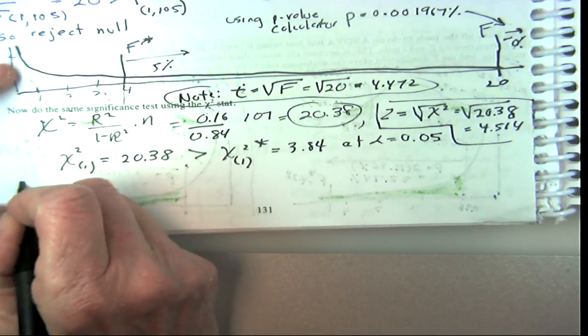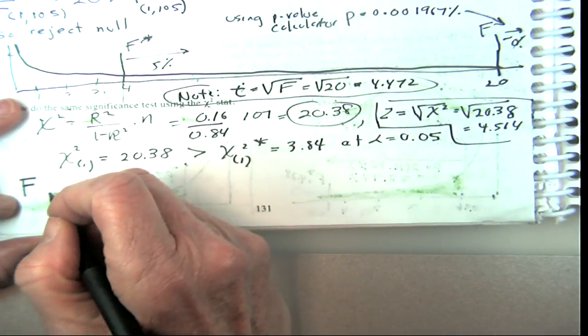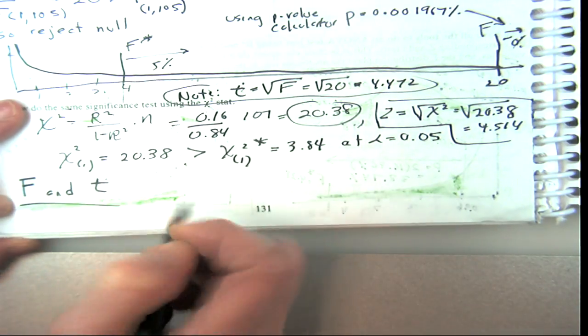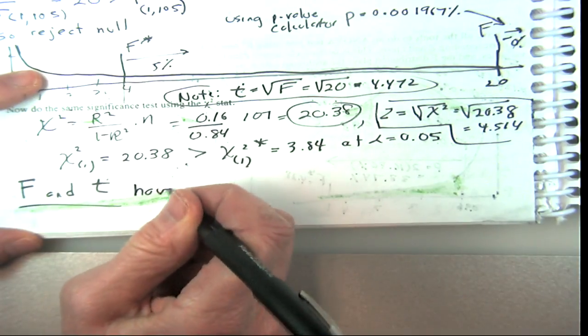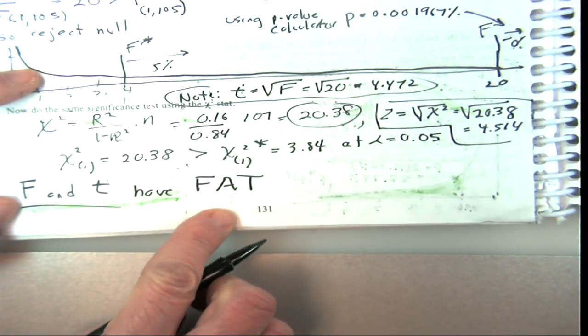So here we were comparing the F and the chi-squared. Let's look at that. We'll say F and T. See how it spells fat, fat tails.